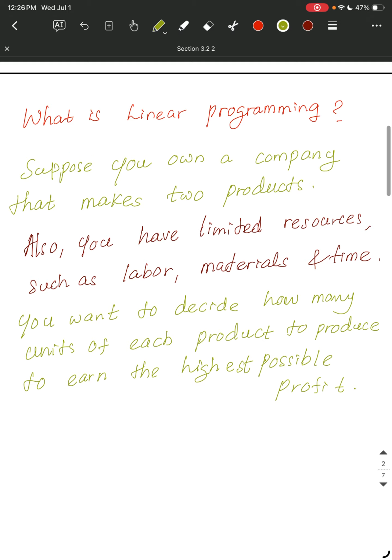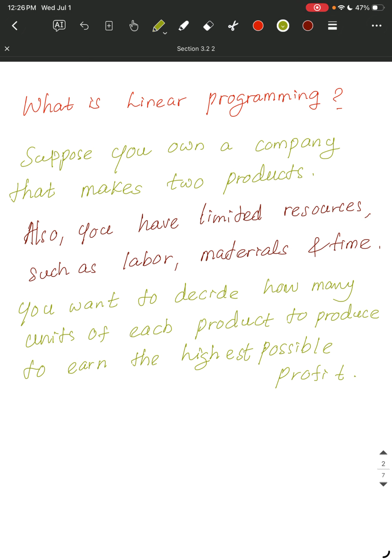A linear programming problem always has three major parts: an objective function, a set of constraints and non-negativity restrictions.